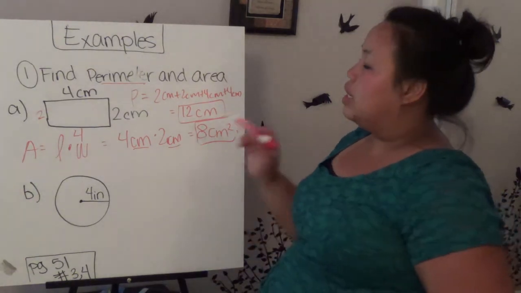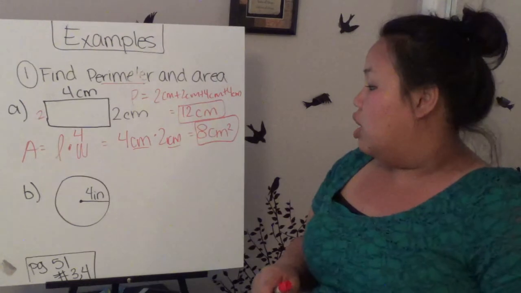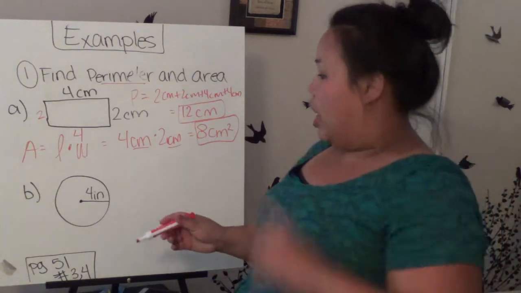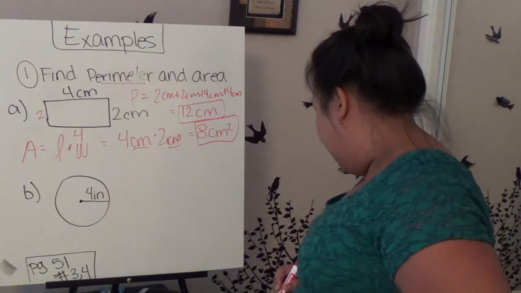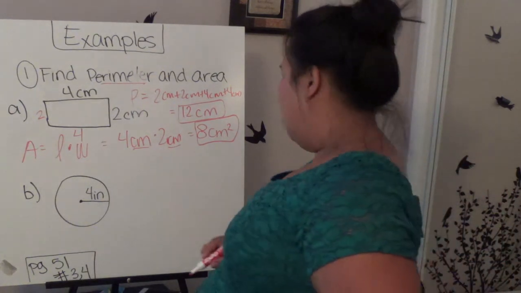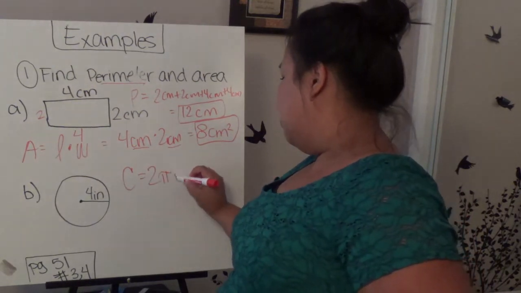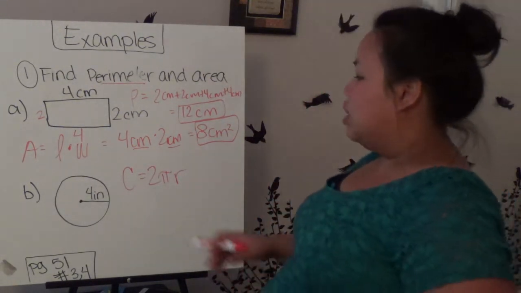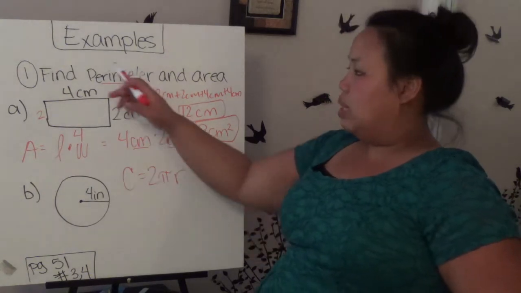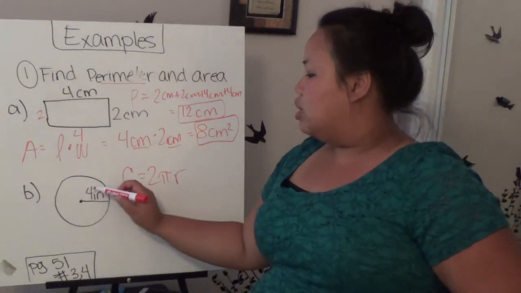The other one is a circle. They have a different equation, okay? The circumference, sorry, I said area, but this is the circumference, which is what we went over last time. This is the perimeter. So circumference is the same thing as perimeter for circles. And this r is called the radius, okay?